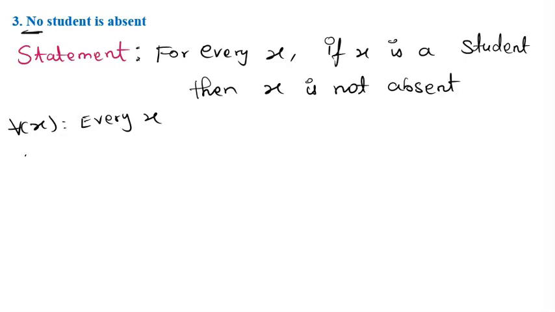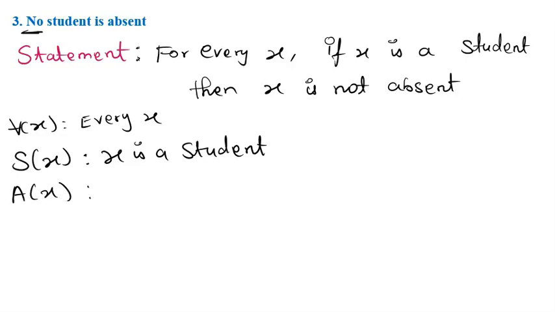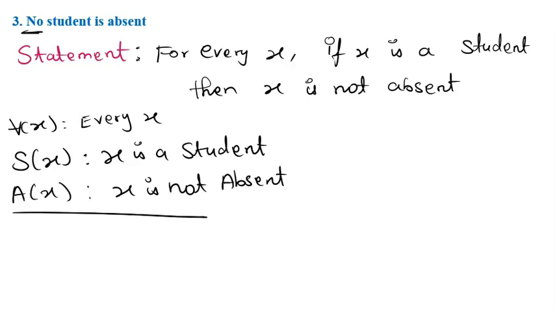Again, S of x, x is a student. Next I will take not absent, A of x, x is not absent. Now convert to the symbolic form.